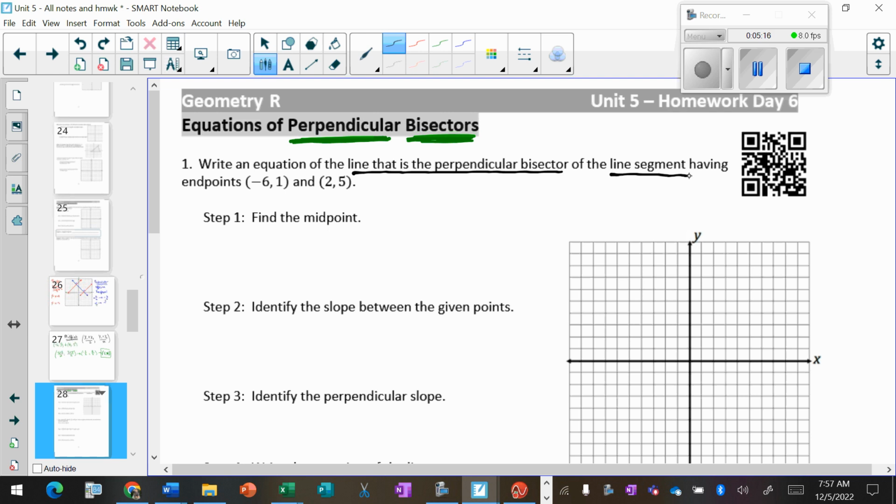So let's plot the point negative 6, 1. I actually think the points on your paper are different. I think the points on your paper are 3, negative 1, and 3, 5. That's what I had on my notes.